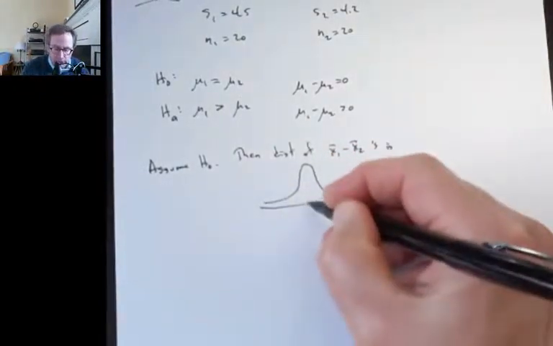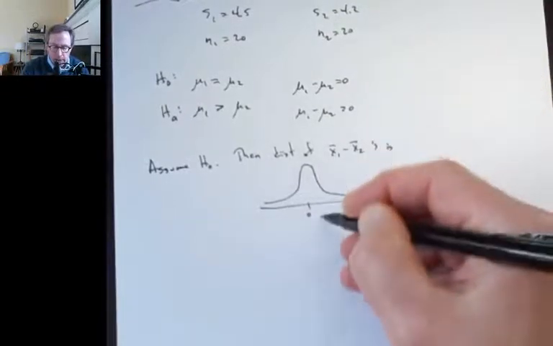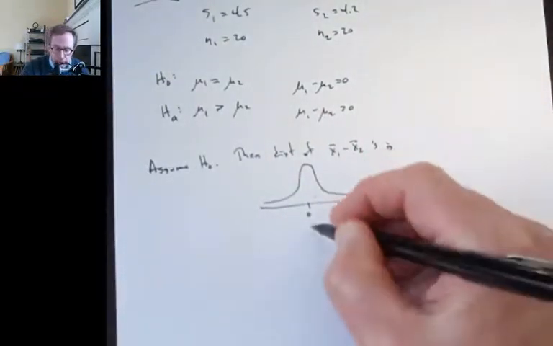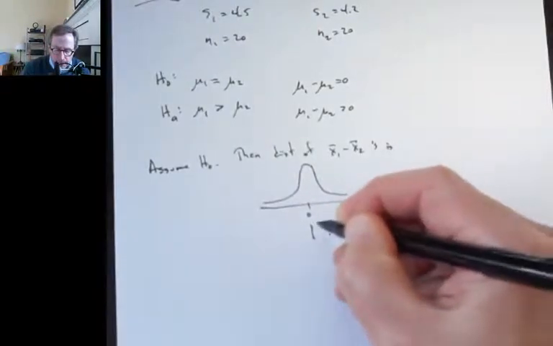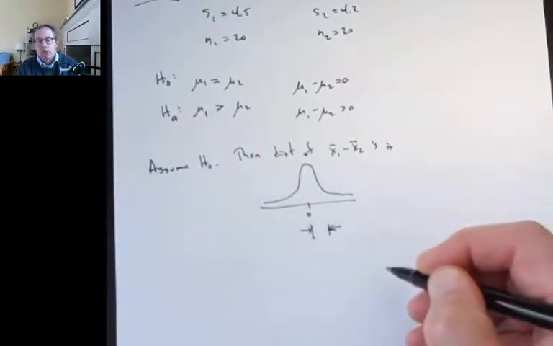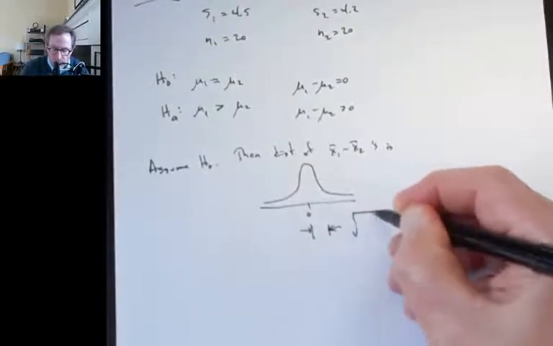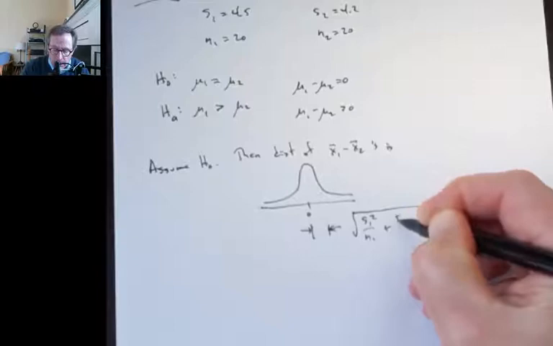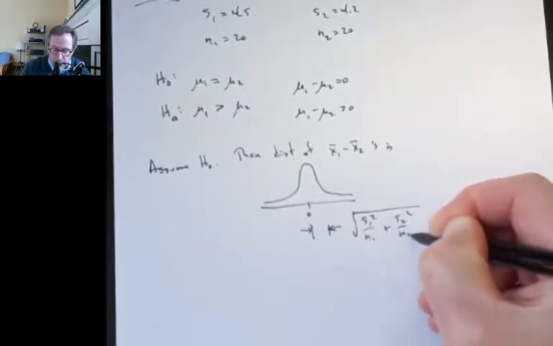It's got a center of 0 because that's what H0 thinks, and we assumed H0. H0 thinks the center is 0, and it's got a spreadedness. And who can remember the darn formulas? But anyway, we don't have to remember them. They're all written down. S1 squared over N1, S2 squared over N2.